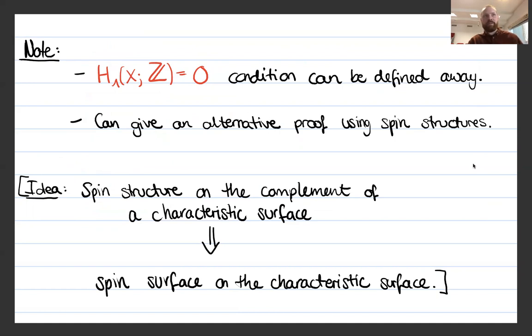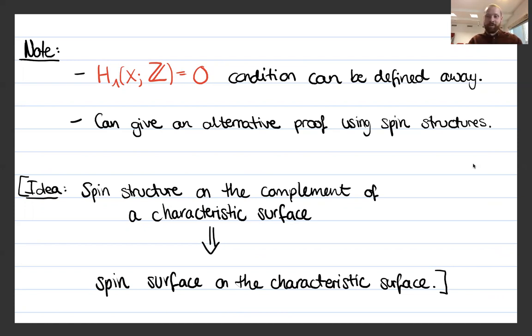And what you do is you can do surgery on your four-manifold to get to a four-manifold that has zero first homology. And you can compute the Arf invariant of the surface. So you can do that surgery away from the surface and just compute the Arf invariant there. And you can declare that to be the Arf invariant of your original surface. And it's in fact well-defined independent of how you do the surgery.